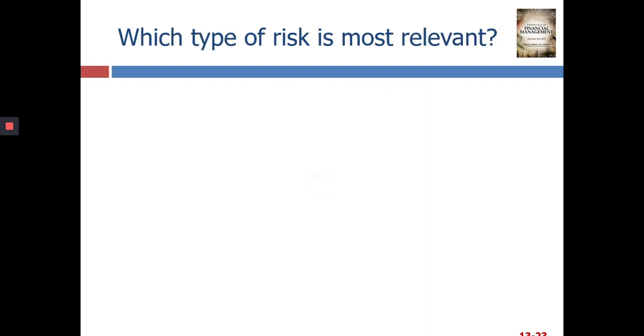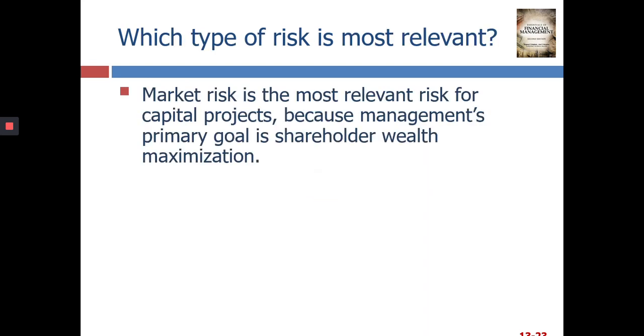So which type of risk is most relevant? Market risk is the most relevant for a capital project because management's primary goal is shareholder wealth maximization, not just standalone risk. Shareholders don't concern themselves with one particular project.